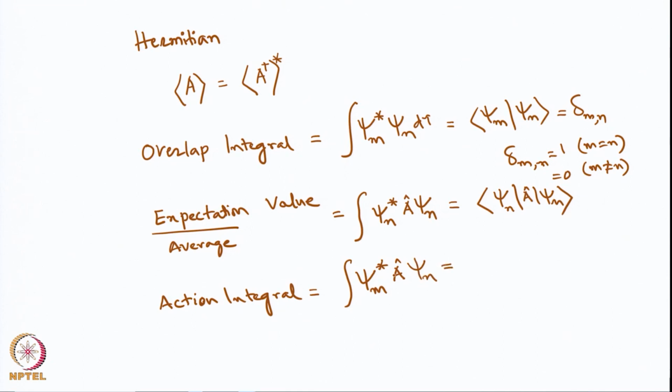A acts on psi n and the resulting function gets projected onto psi m. In bracket notation, it is psi m A psi n. For example, if I act light on a hydrogen atom which is in the 1s orbital, whatever resulting function you get can now be projected onto either 2s or 2p, and in general this will give us transitions. So, these action integrals are very important in spectroscopy.